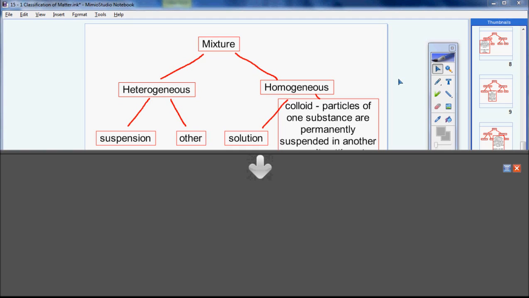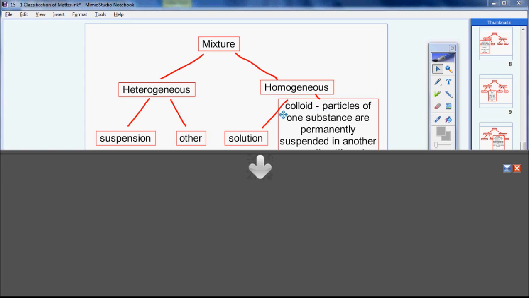They are not quite as well mixed as a solution, but the particles of one substance are permanently suspended in another. Now when I say permanently, I mean that they're there until somebody does something physical to separate them.